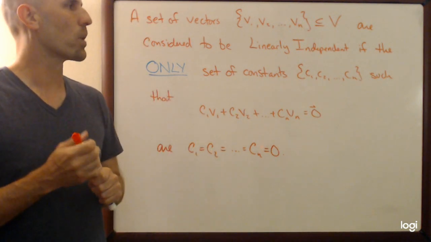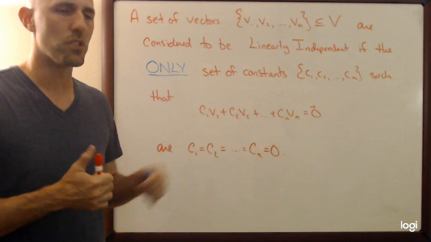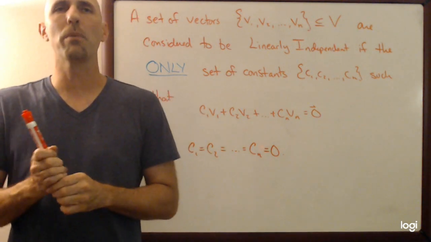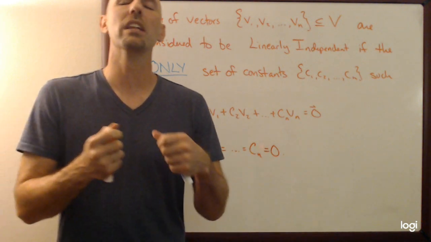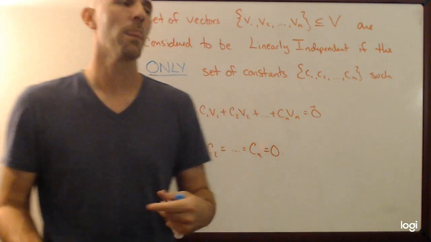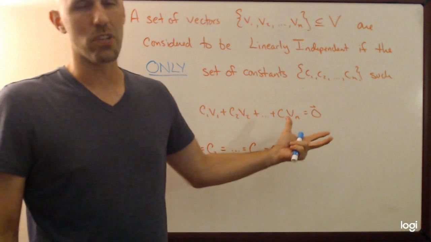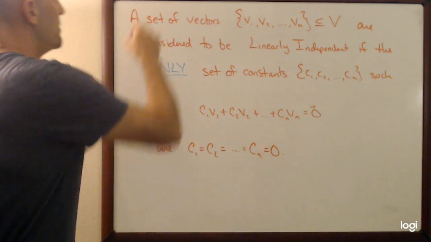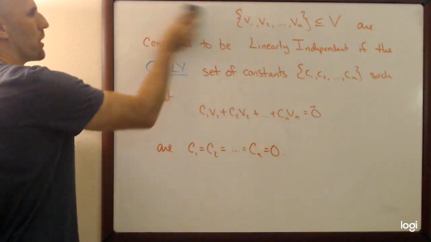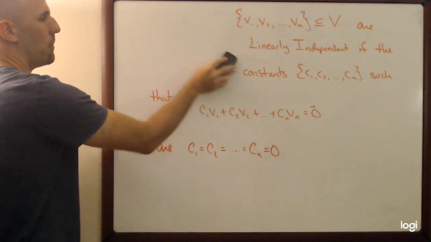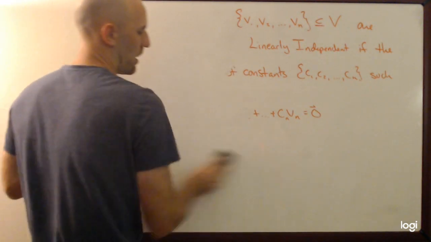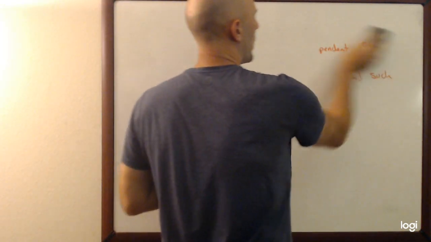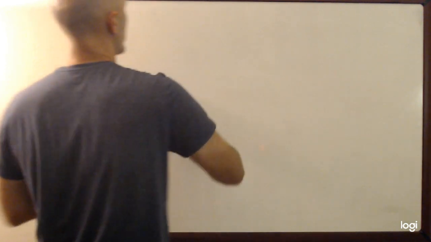So we're going to operate under this definition. Now, a lot of the time when we're looking to determine whether or not a collection of vectors is linearly independent or dependent, we're not going to go by this definition because it's long and wordy and more difficult to use than some shortcuts that we're going to come up with for other types of collections of vectors.